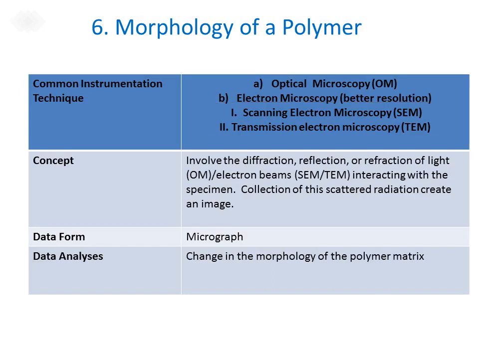In both OM and electron microscope, they involve the diffraction, reflection, or refraction of light or electron beams that interact with the specimen. Collection of the scattered radiation creates an image that is called a micrograph.